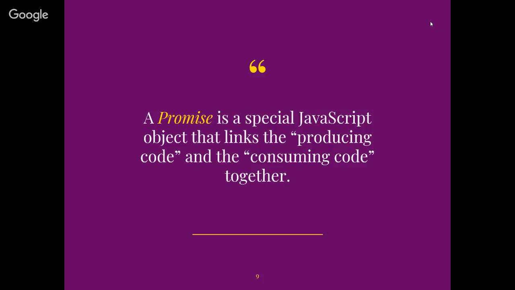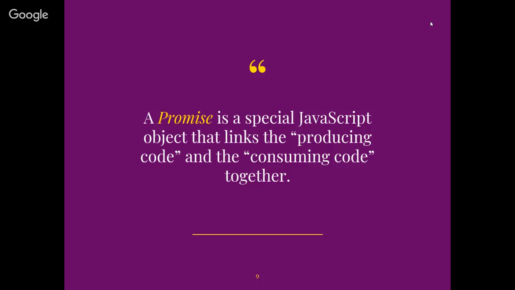So the promise now has the result of the producing code. And once it gets that result, it passes it off to the consuming code. So what links these two, the producing and the consuming code, is the promise.